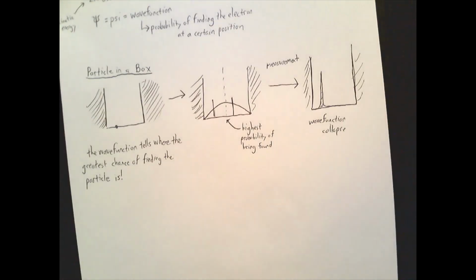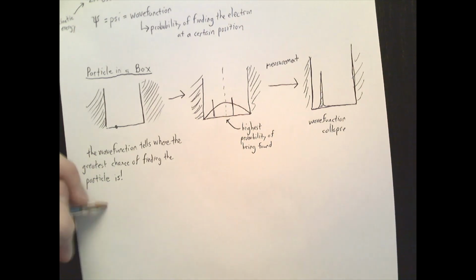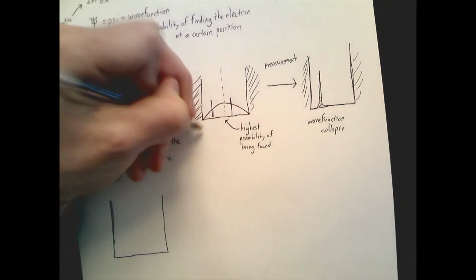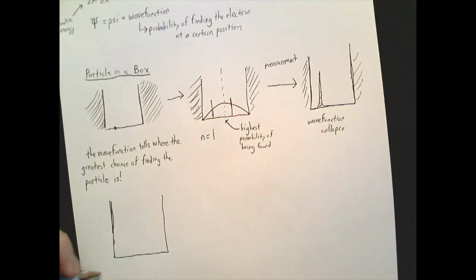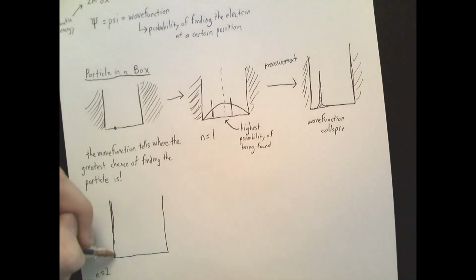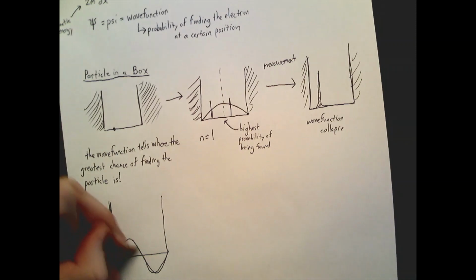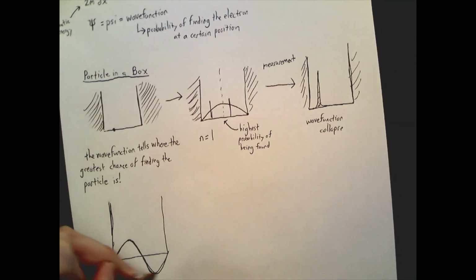Just like with the atom, quantum systems can exist in a number of states depending on their energy. So, for example, this would be the ground state, n equals 1. Here we have n equals 2, and our wave function looks decidedly different. So now we have sort of a full wave cycle.